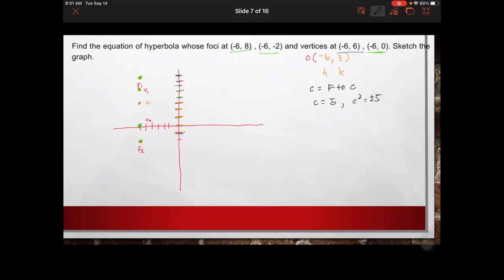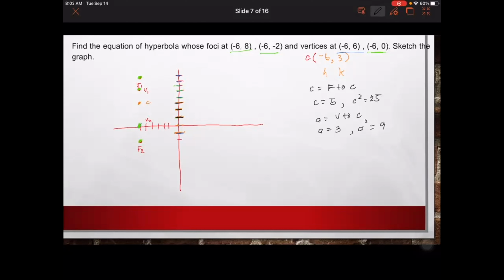Then, from letter A, A natin is V2C. Ang value niyan ay V, then papunta sa C, this is 1, 2, and 3. So, magkakaroon ngayon ng A is equal to 3. Then, A squared, this will be 9.